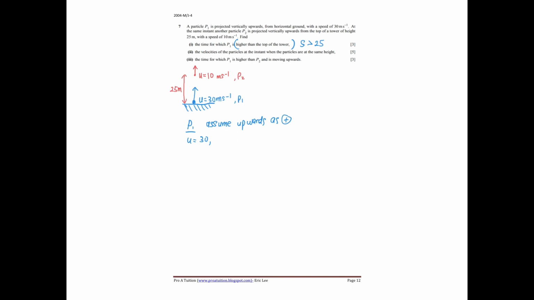You don't write down this statement. You can set it on your own in your mindset. Remember, I assume upward is positive. And because of that, your acceleration due to gravity, which is always acting downwards, is negative 10.